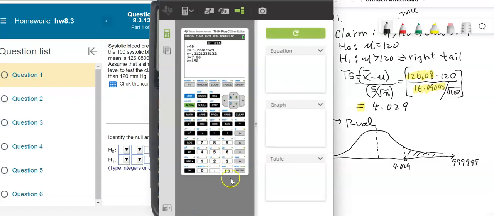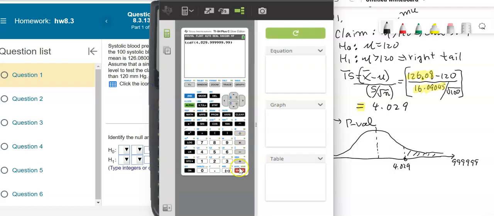Okay, now, to calculate p-value, what you need to do here is, this is t. So go to second bars. Do you see TCDF on the number 6? So click that, and lower is 4.029. High is 999,999. I have there already. Degree of freedom is 99 because 100 minus 1.